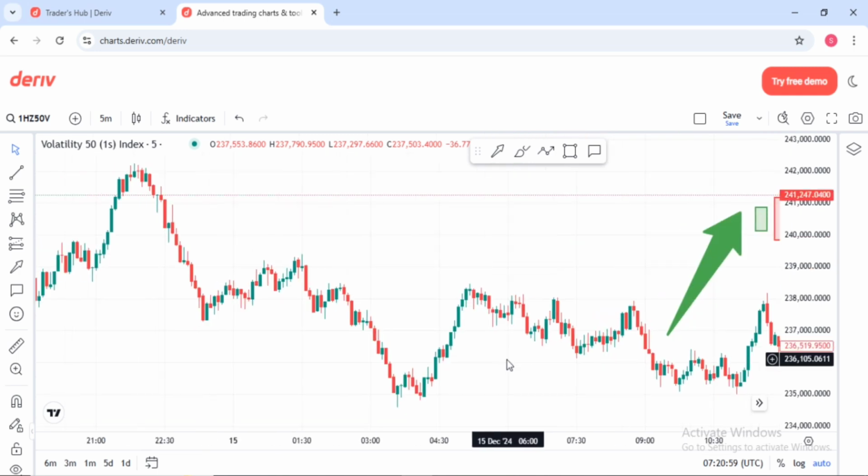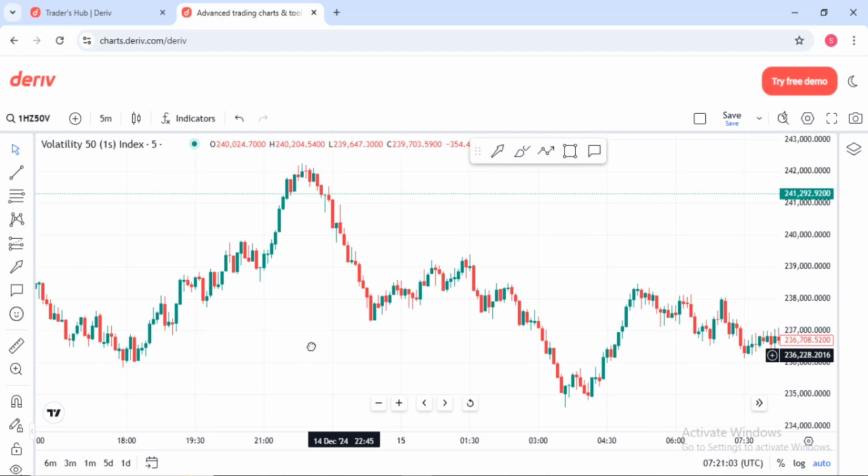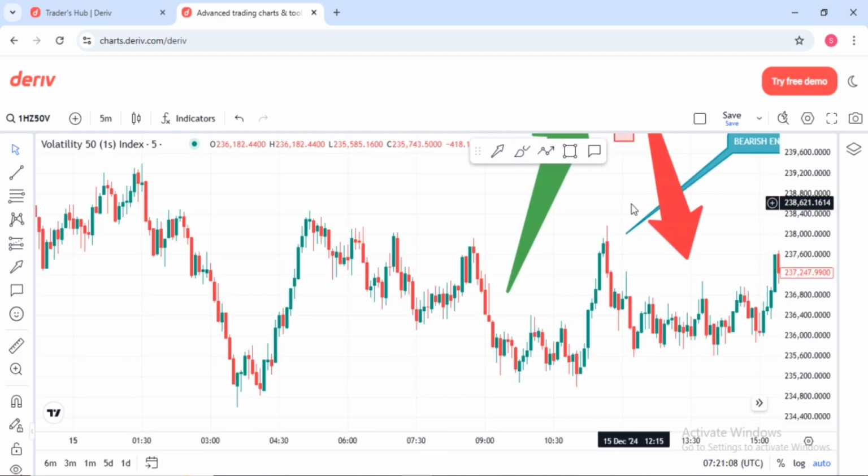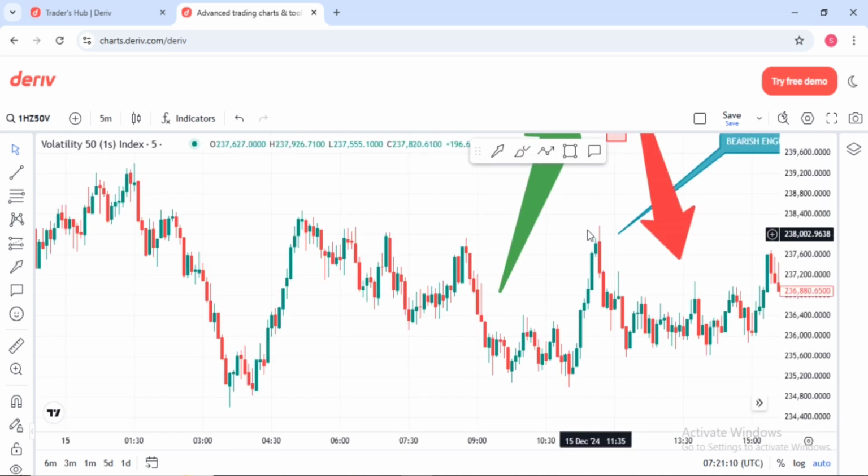Then after that downtrend, two candlesticks form.